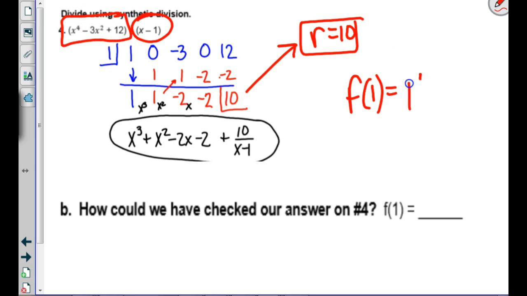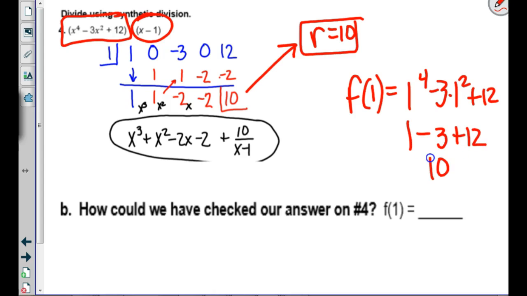So we would have had 1 to the 4th minus 3 times 1 squared plus 12, which would be 1 minus 3 plus 12. Negative 2 plus 12 would be 10. Did it give us the same thing? Predicted the remainder, yes. Negative 1, yes.